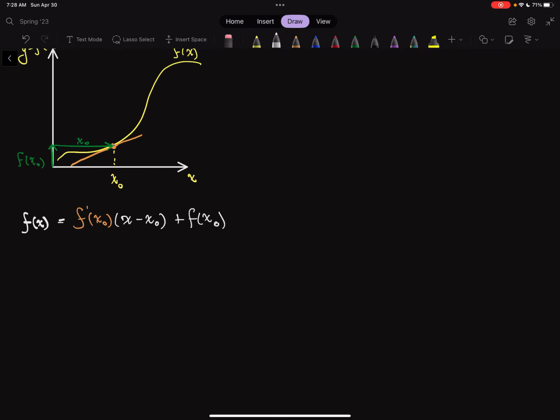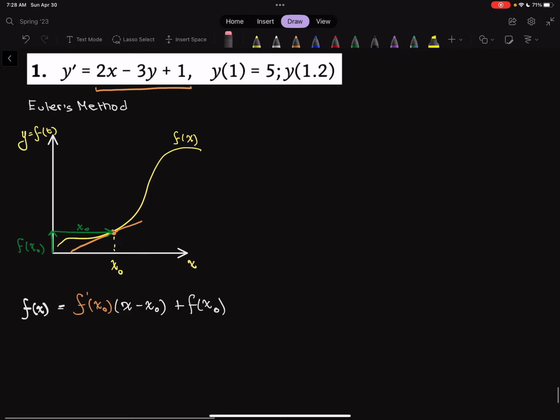We don't have an expression where we can put whatever x naught we want, but we do have some initial condition. This is the equivalent of f of x naught, where my x naught is 1 and my y corresponding to that x naught is 5.